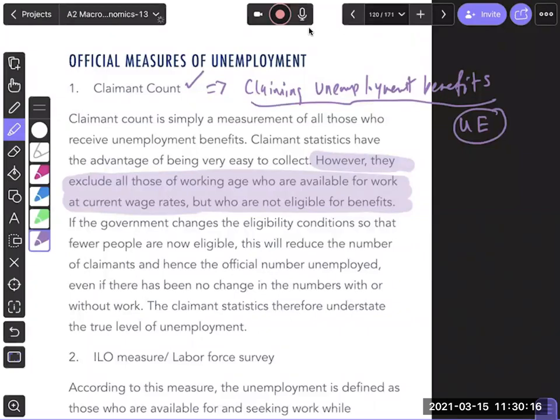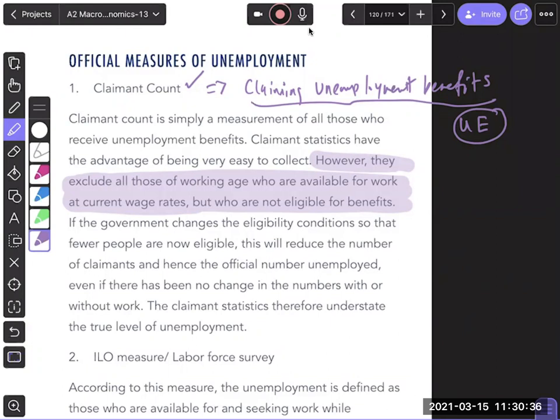Does that make sense? So the first thing we talk about is this: that it excludes all those of working age who are available for work at the current wage rate, who are unemployed but are not eligible for benefits. So that's one problem.